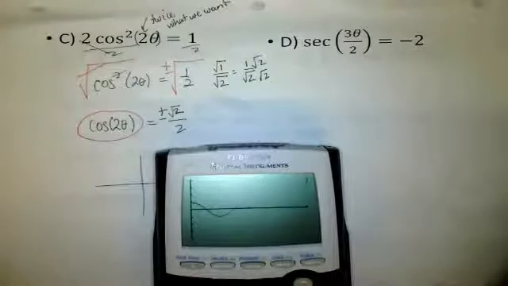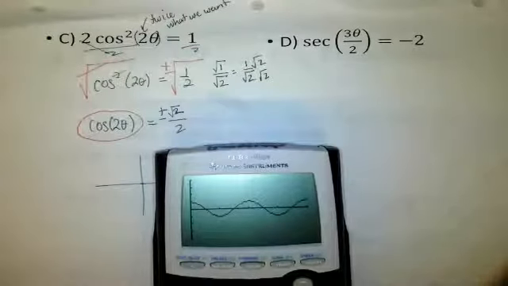Okay, so, oh, what happened? What did it do? There's 2 periods, yes. It's not 1 period anymore, it's 2 periods of the cosine curve.